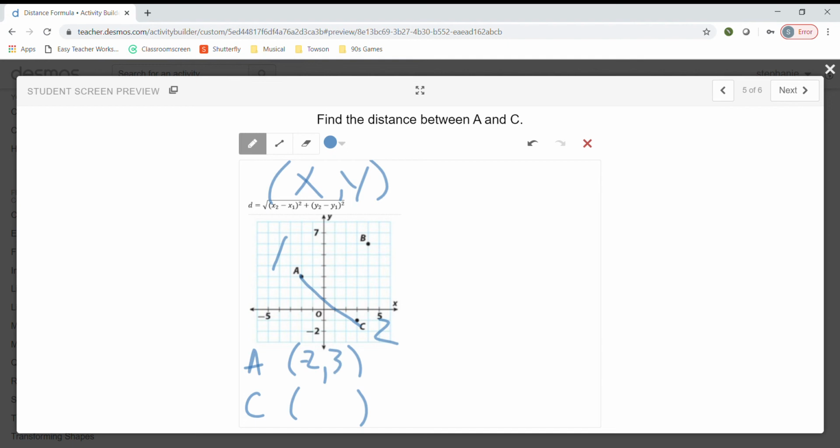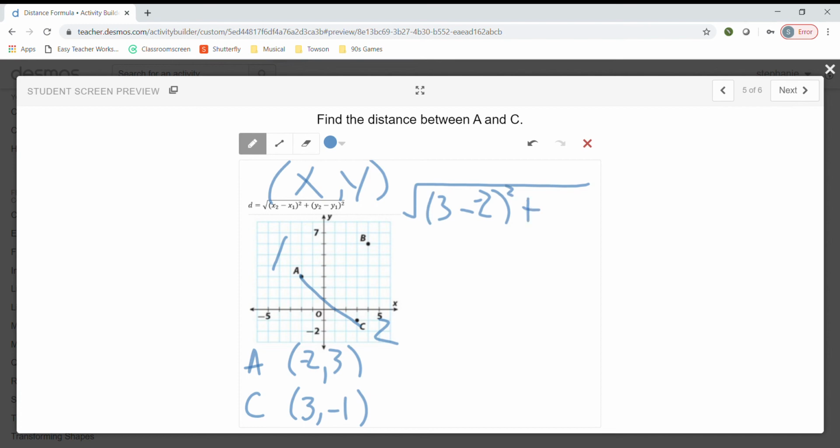C is 3, negative 1. All right, so let's do our distance formula. X2, so we said point C is the second point, and my x-coordinate is 3. So I'm going to have 3 minus the x-coordinate of A, which is negative 2.